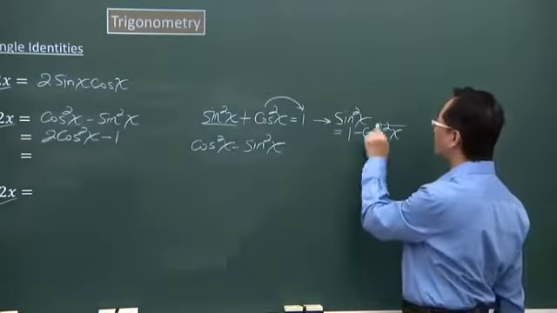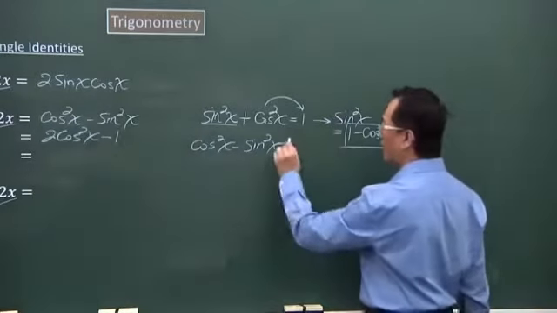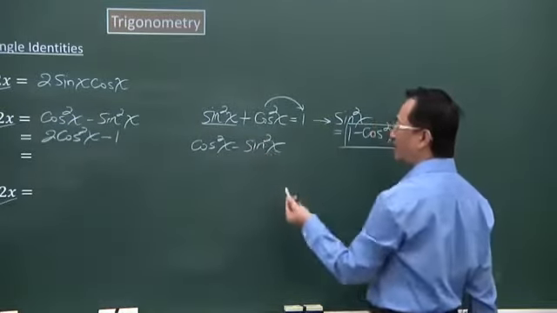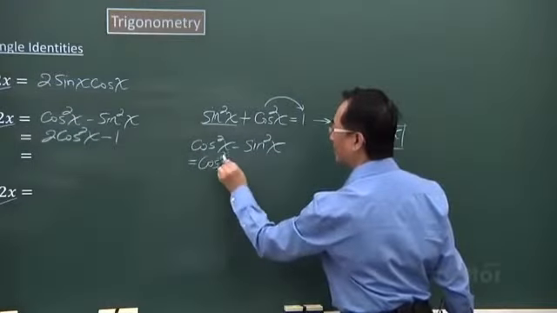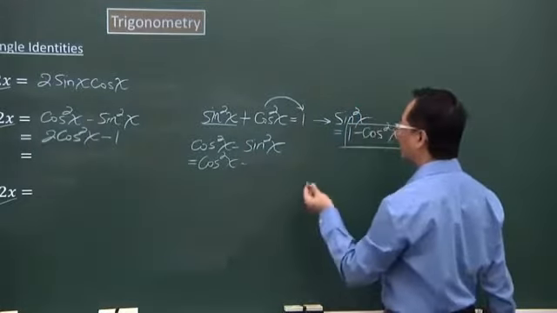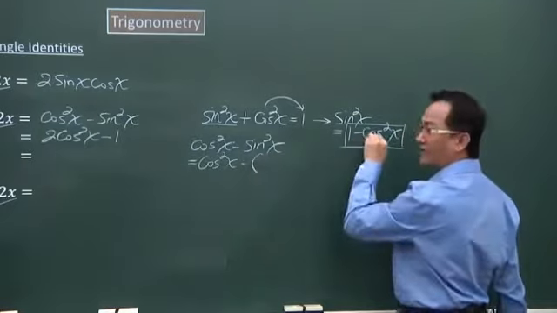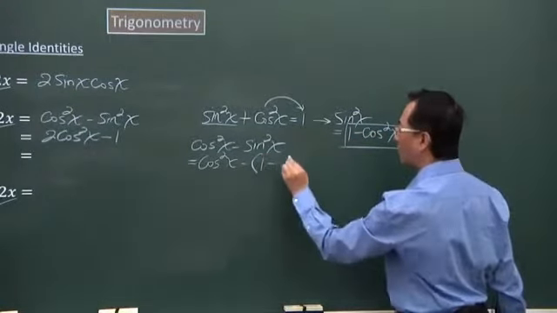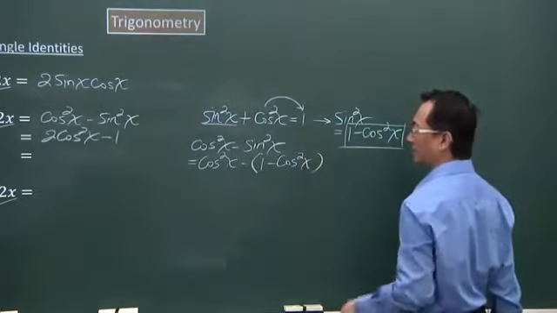I will take this expression to replace sine squared x. Here, you notice just a direct substitution, 1 minus cos squared x.